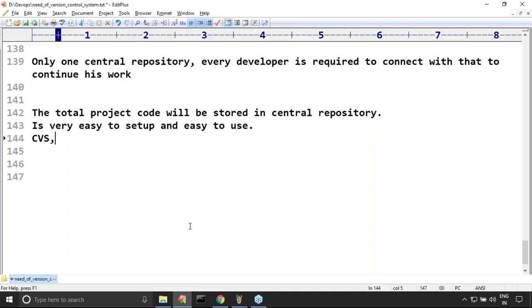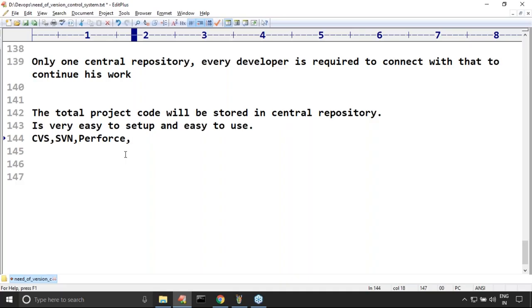Remember CVS, and after that SVN, and after that Perforce. Just be aware of these words. The people who are beginners and don't have real-time experience should be aware of this terminology, and people already working in companies may know it.